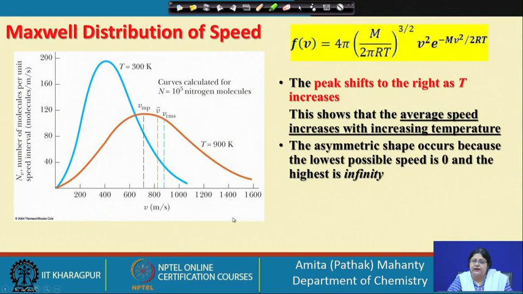This shows the average speed increases with increase in temperature. The asymmetric curve occurs because the lowest possible speed is 0 and the highest is infinity. So, this is a Gaussian error type graph, and it is an asymmetric graph. It extends to infinity and starts from 0.